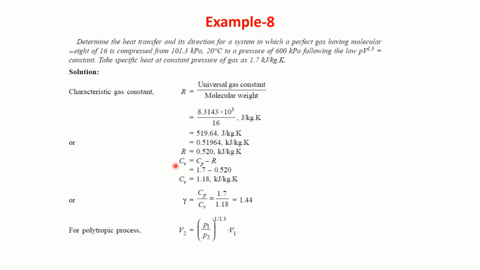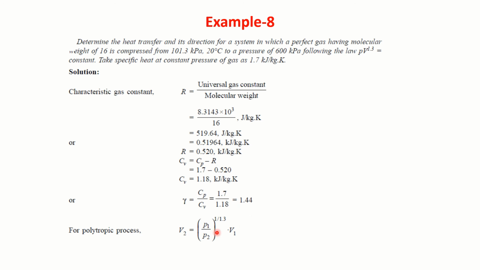You know Cp minus Cv is equal to R. That you have also studied in your physics or chemistry class. So from here, Cp value is given, R value is known, I can always find out the Cv value. And then gamma, the ratio of specific heats, we can find out as 1.44. And as I said, P1 V1 to the power of 1.3 is equal to P2 V2 to the power of 1.3.